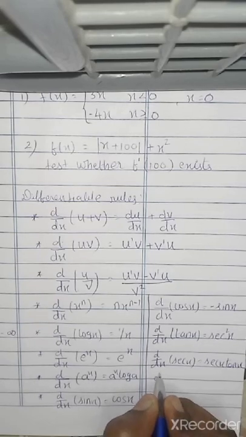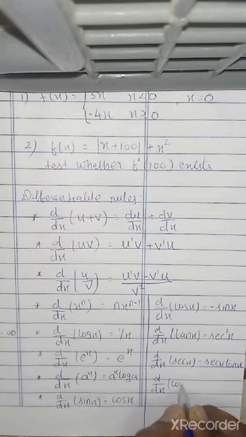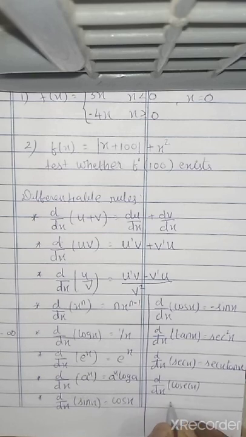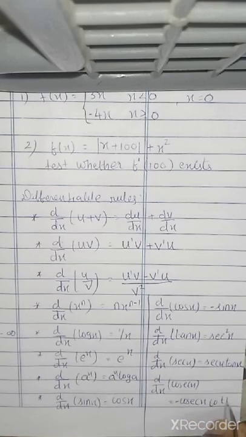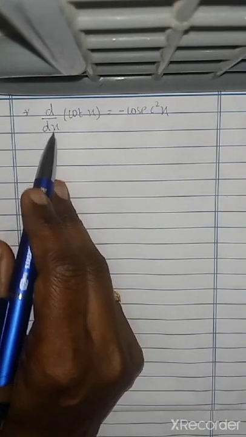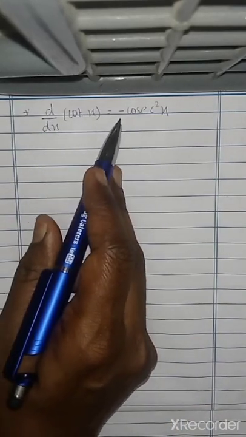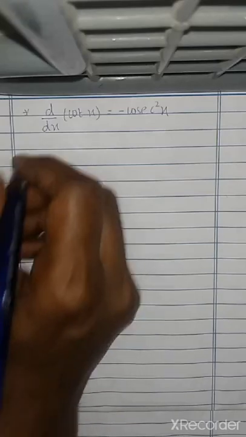Next formula, d by dx of cosecant x, the answer is minus cosecant x cot x. Next formula, d by dx of cot x equal to minus cosecant square x.